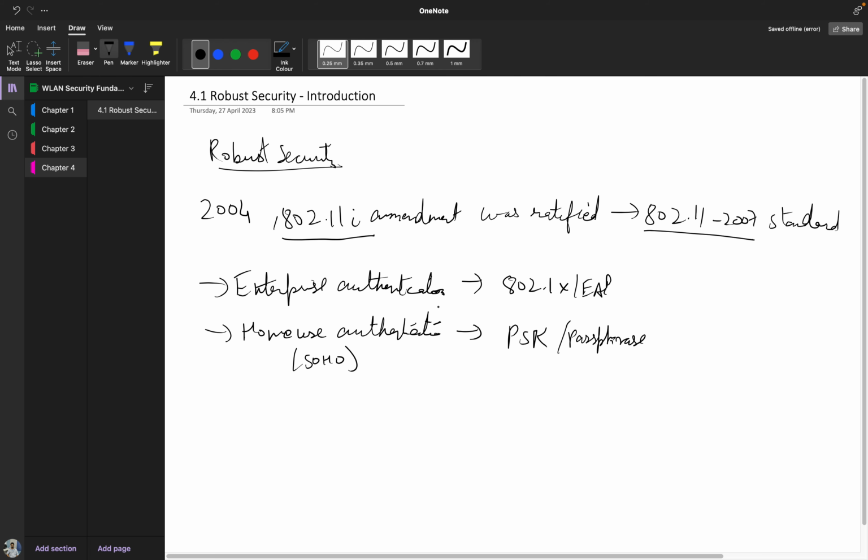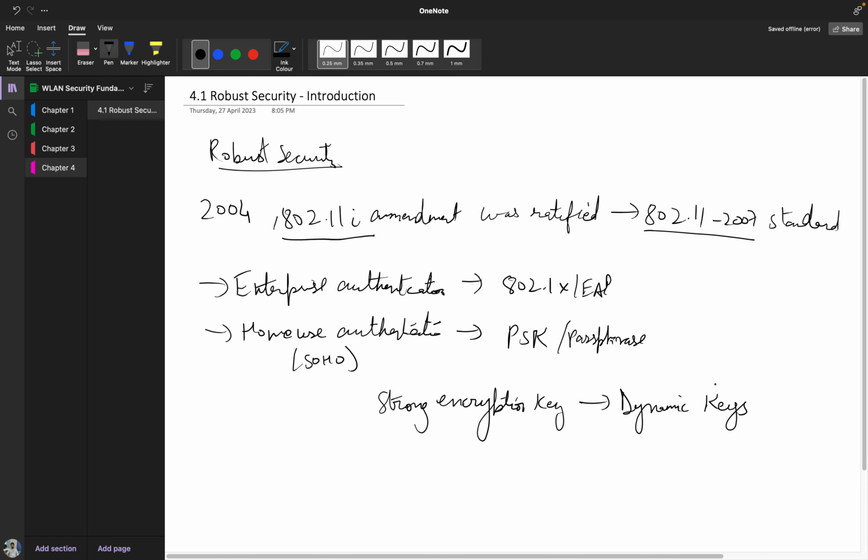Now this standard also requires the use of strong, dynamically generated encryption keys. Understand this: the standard talks about how we can have strong encryption keys that are not static but dynamic in nature.